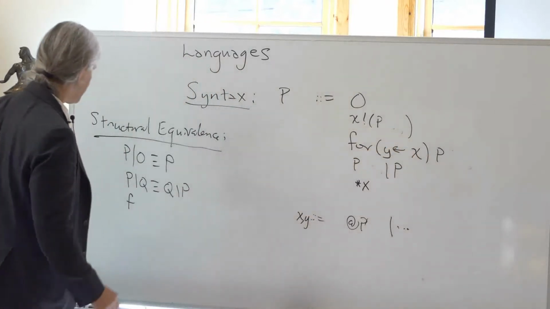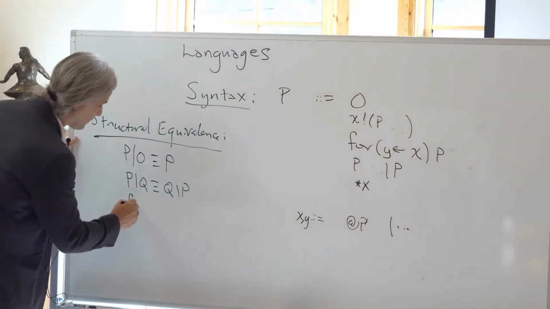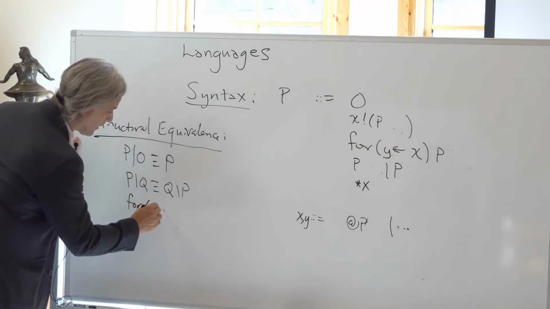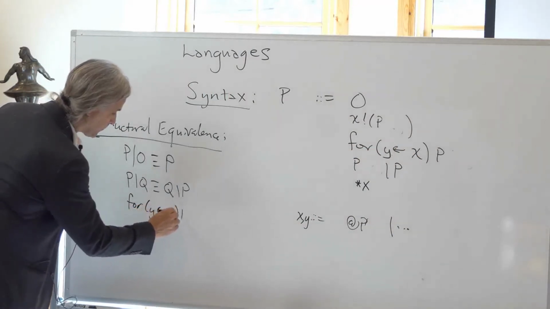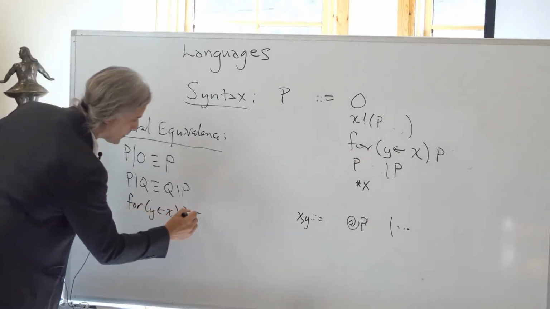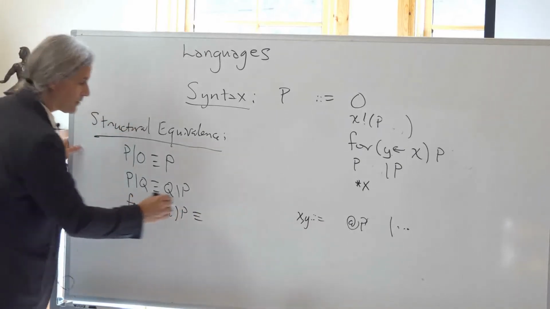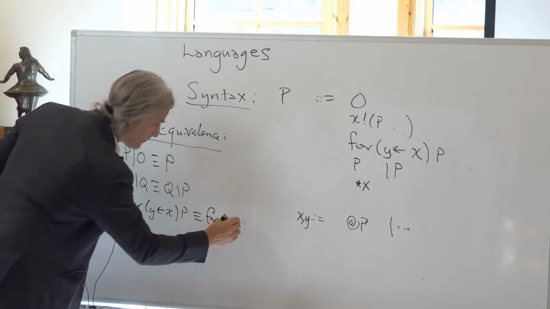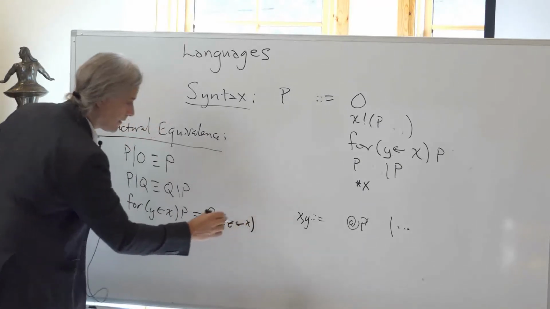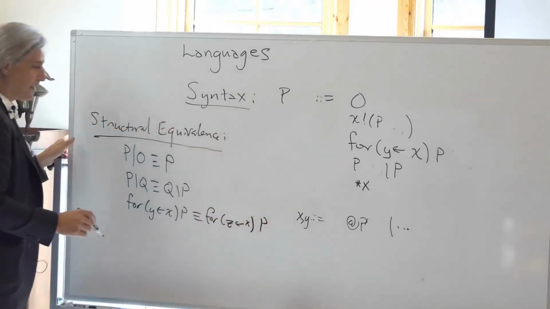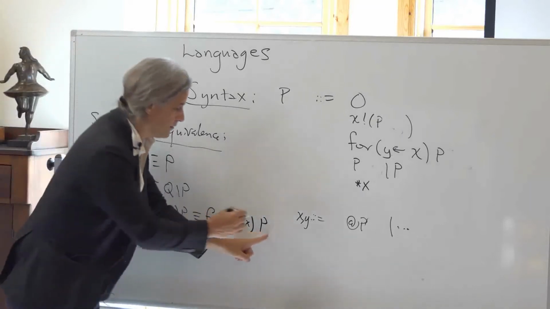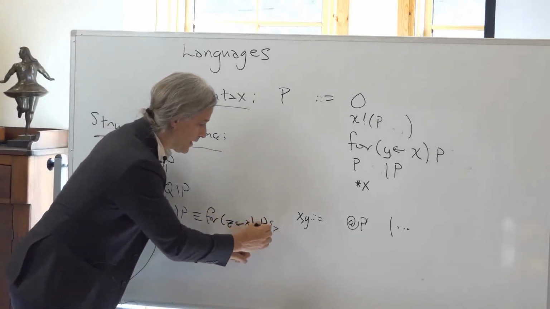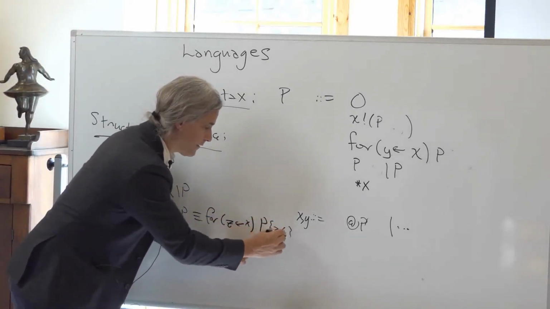And so what that means is that if I do for y from x p, that this is structurally equivalent to for z from x. And now I'm going to introduce some notation, which is substitute z for y in p.